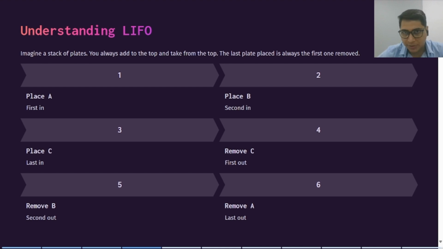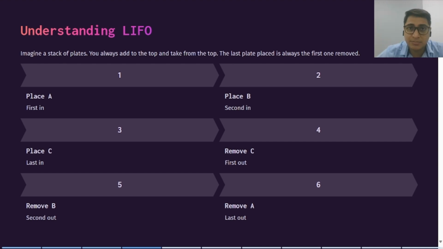Then you place plate B on the stack, and at the end, you place plate C on the stack. Since you placed plate C at the end, currently at the top of the stack you have plate C. Now, if I ask you to remove a plate from this stack, which plate will you be able to remove?